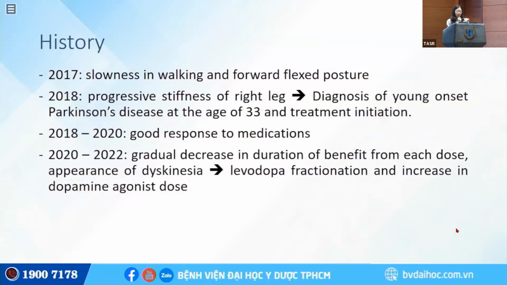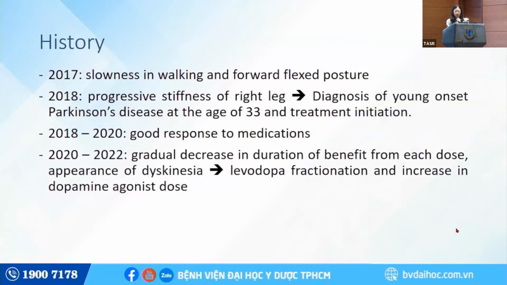In the first 2 years, he reported a good response to the medication, but later he noticed a gradual decrease in duration of benefit from each dose, resulting in medication increase. As a consequence, dyskinesia also appeared.